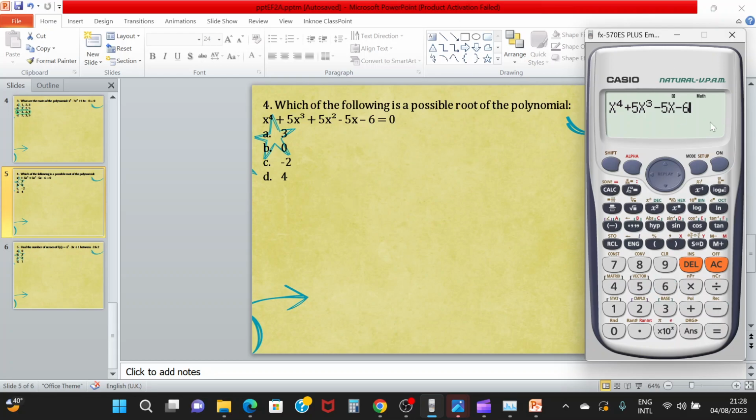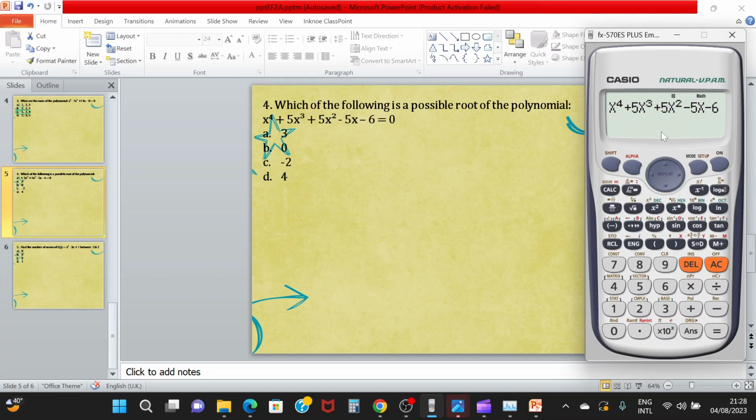So, na-encode mo na. Na-encode mo na ba lahat? Or may kulang pa tayo? May kulang tayo dito. So, you have plus 5x squared. So, you have here plus 5 alpha x squared. Okay? So, yan, kompleto na. I-check mo muna ulit. X to the 4th plus 5x cubed plus 5x squared minus 5x minus 6.